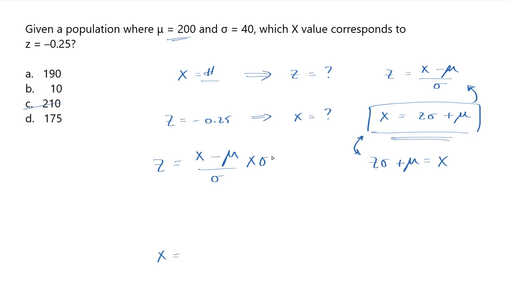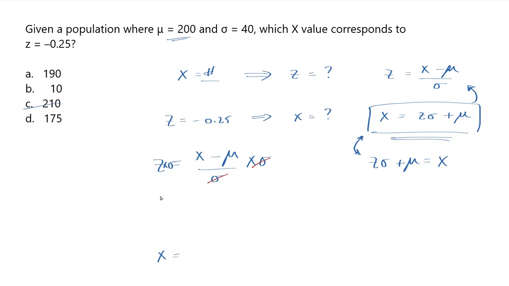Multiply by sigma. But you have to do the same thing to both sides. So I have to multiply this side also by sigma. On this side, these are going to cancel out, because if you've got something on the bottom of a fraction and something on the top, they cancel each other out. But that doesn't happen on the other side.